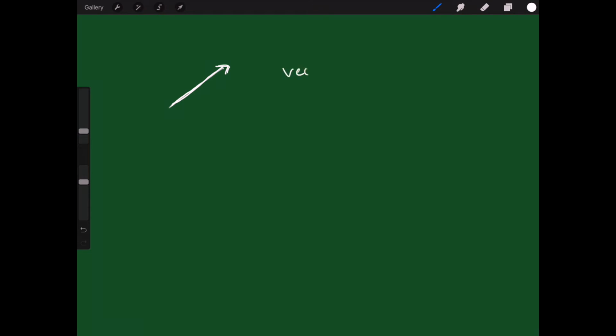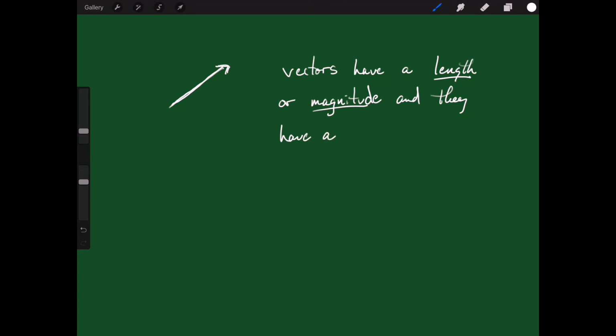So vectors have a length or magnitude, and they have a direction. You might think of that direction as a slope or something of that nature, but those are the two pieces of a vector: a length and a direction.